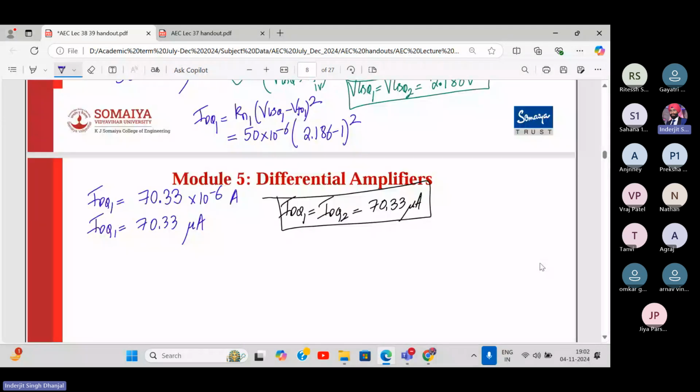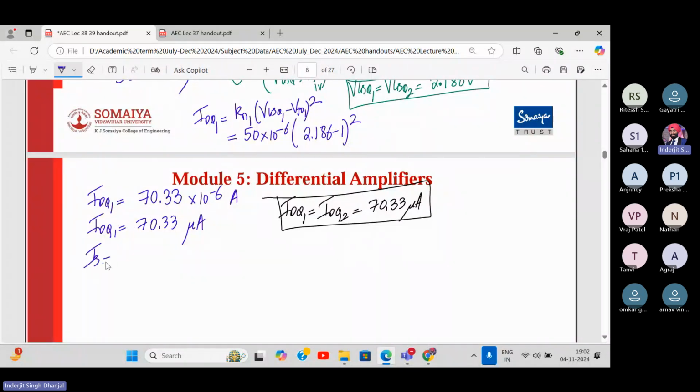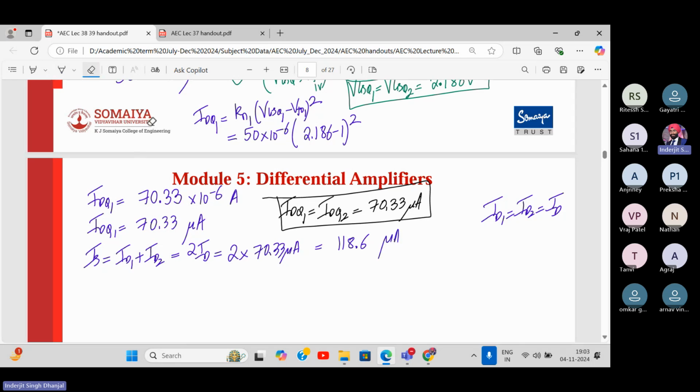Write down next: IS will be given by ID1 plus ID2. If both are the same, it will become twice ID, because ID1 is equal to ID2 is equal to ID. And how much is that? Twice into 70.33 microampere. So how much is it? 140.66.